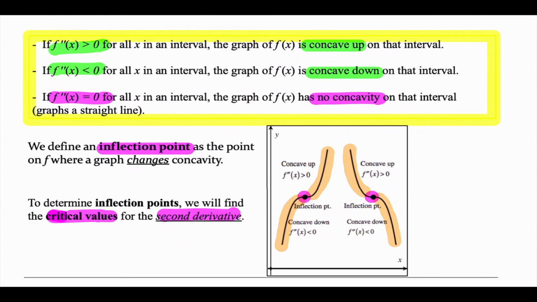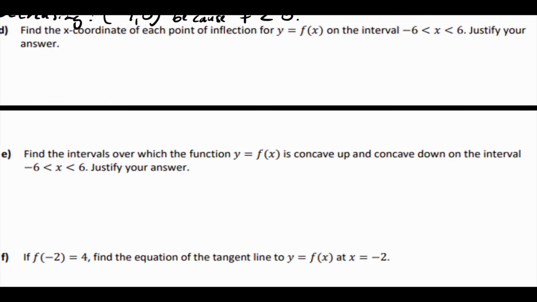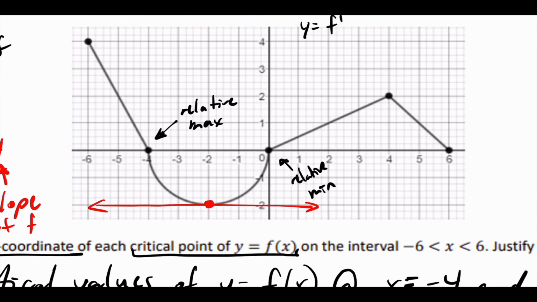We define an inflection point as the point where f changes concavity. We don't have f. We have f prime. So change the wording around. We define inflection points as the point on f prime where the graph changes what? This graph you guys are looking at is not f.